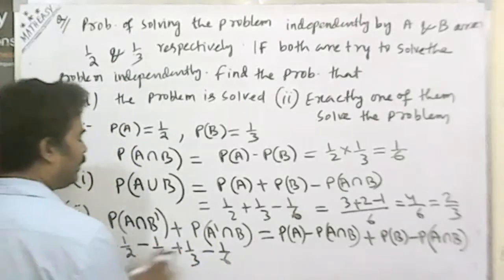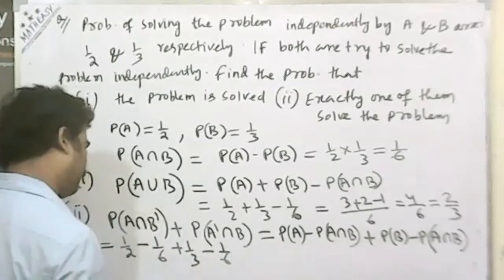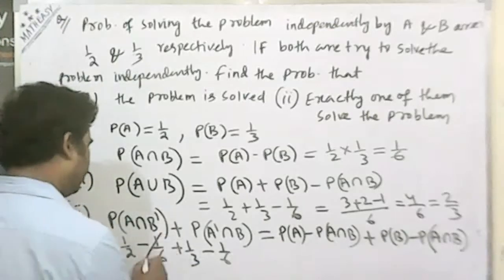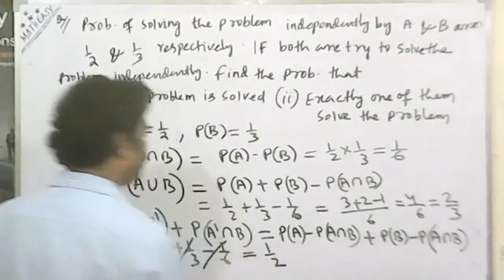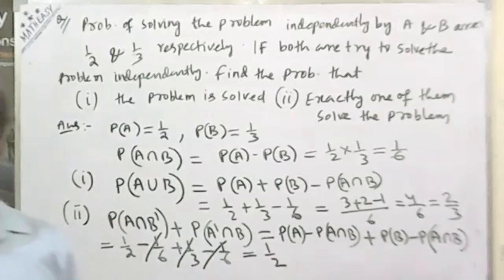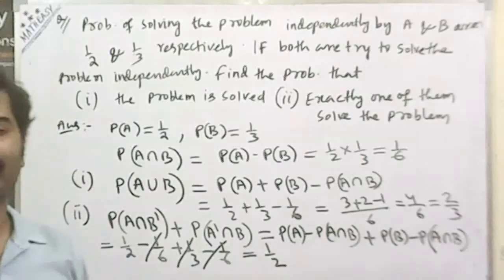That is 2/3 minus 1/6 minus 1/6, and reducing, it comes to 1/2. The answer is 1/2.